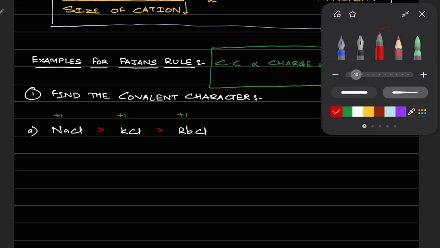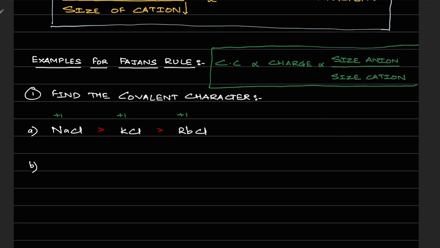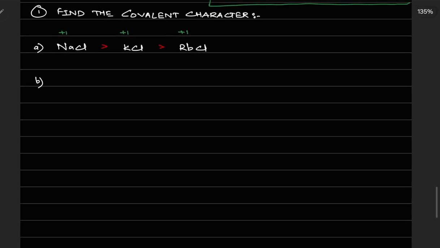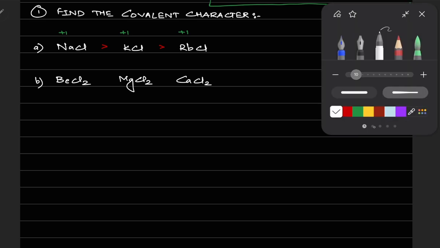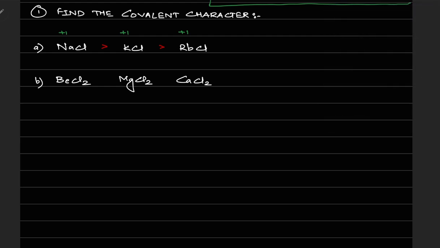Okay, let's try one more. You could pause the video and try answering yourself. Let's suppose I give you an example: BeCl2, MgCl2, and let's take CaCl2. Again, chlorine is the common anion, so there won't be any dependency on the anion.